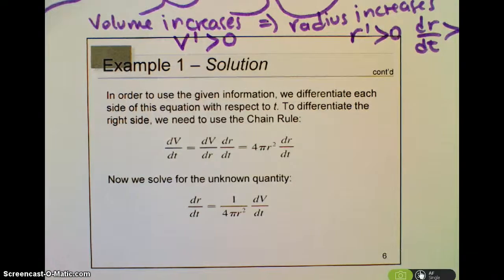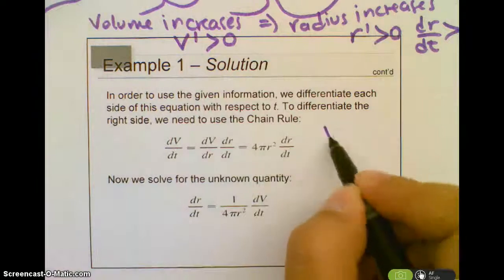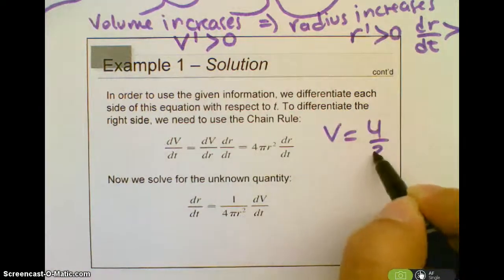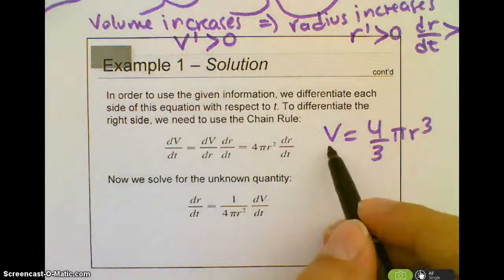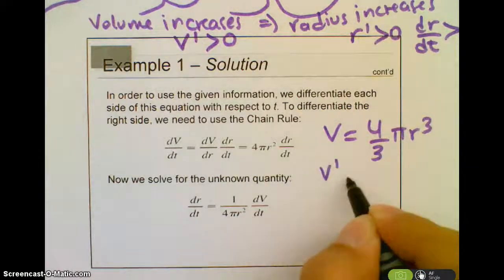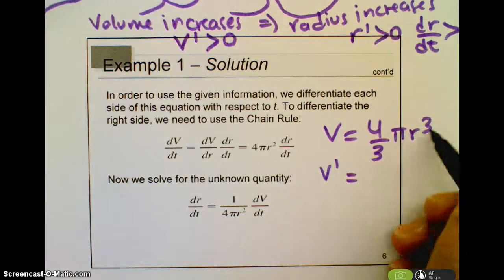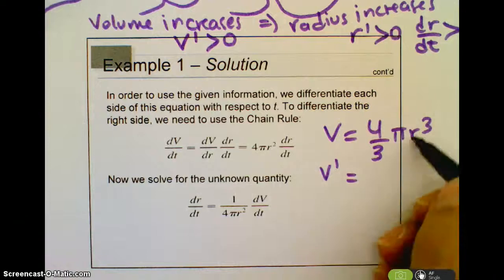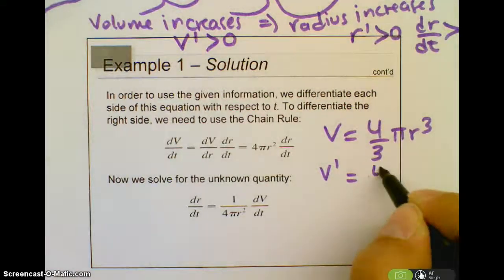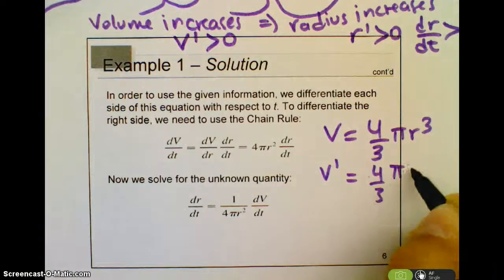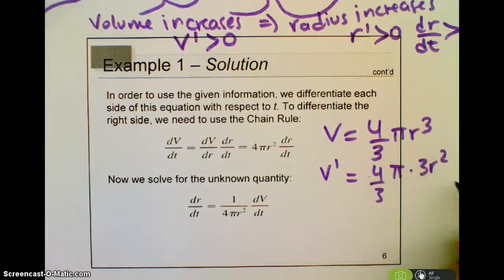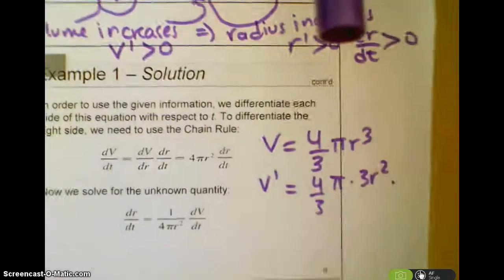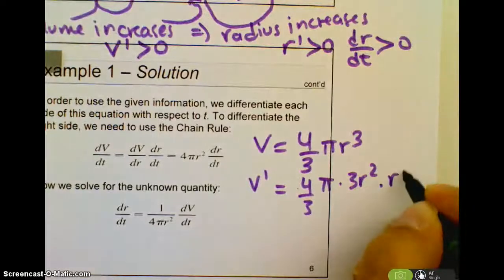So remember that we're doing chain rule. I'm just going to do the same thing because I can't speak without doing. The derivative of V is V prime, and the derivative of the radius term will be the derivative of 4/3 pi times r cubed, which is 3r squared, times the derivative of radius with respect to time, which is r prime.